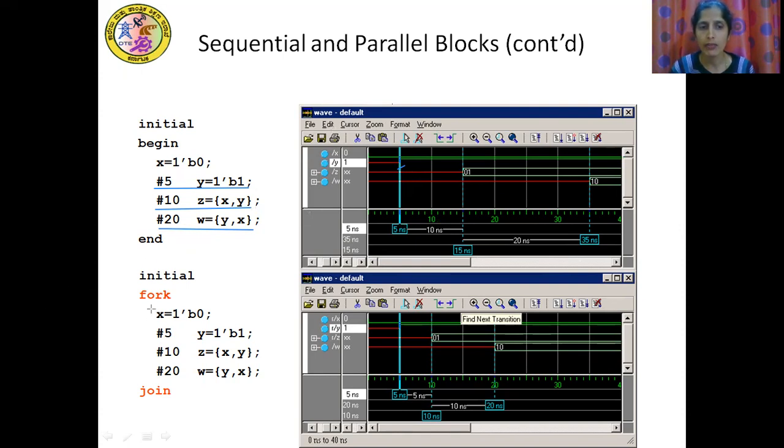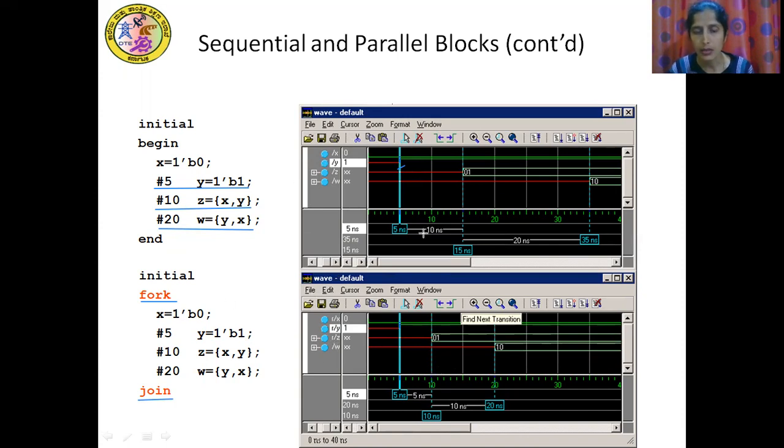Similarly, if we consider the same set of statements enclosed within the keywords fork and join, which will constitute a parallel block, here we can see that the value of y is updated at 5 nanoseconds itself. Coming to the next statement, which was completed at 15 time units in the sequential case, here it is done at 10 time units.